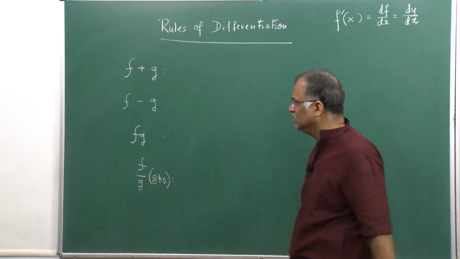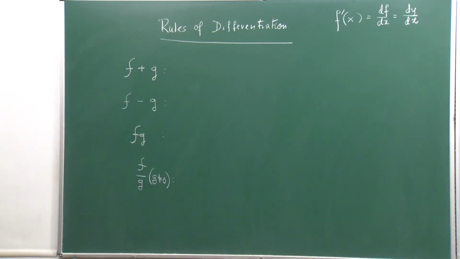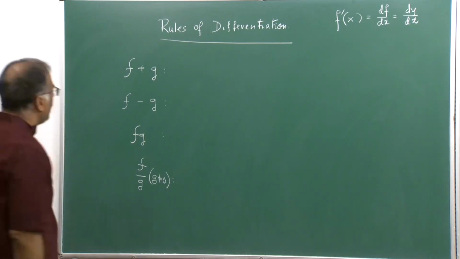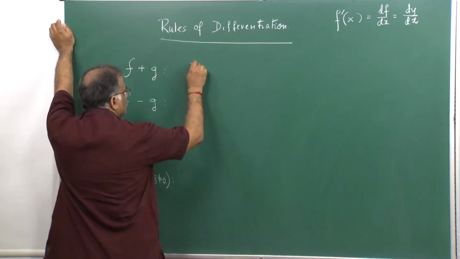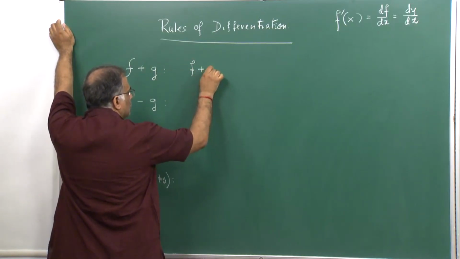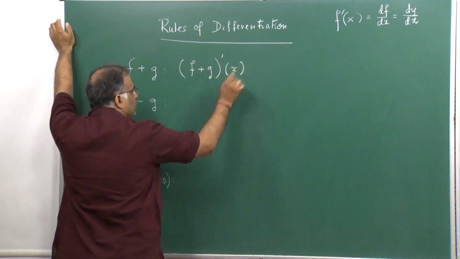It depends on what is your choice. It's no hard and fast rule, you can invent your own if you want. Now, how do I compute the derivative of this function?